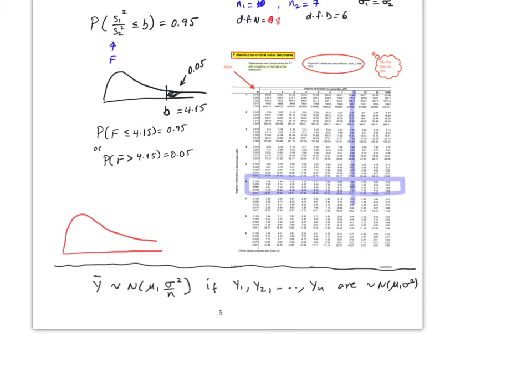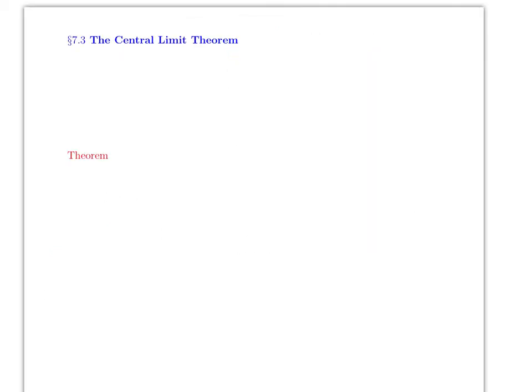Well, we will see that even if the distribution is unknown, under some specific conditions y bar will still be normal. That's one of the biggest results from the class, one of the most important things in statistics, and it's called the central limit theorem. So let's talk about the central limit theorem.